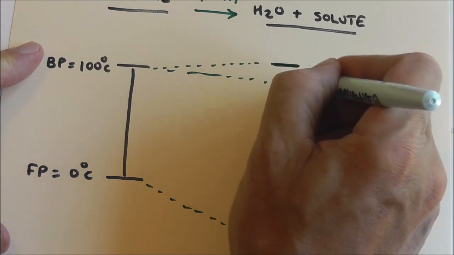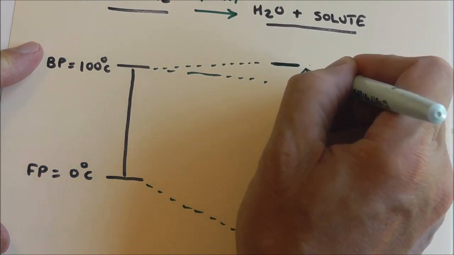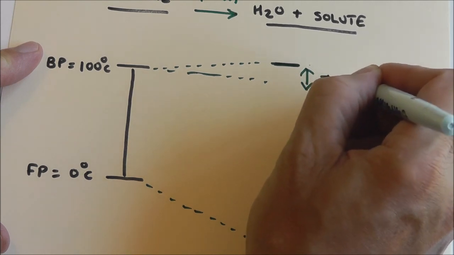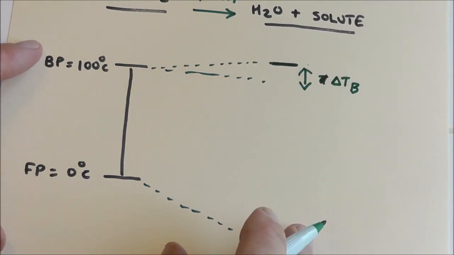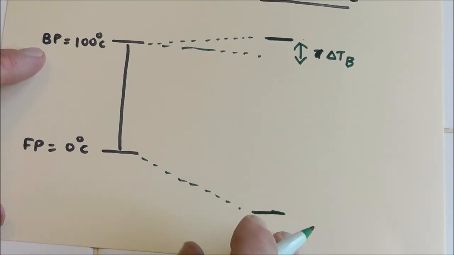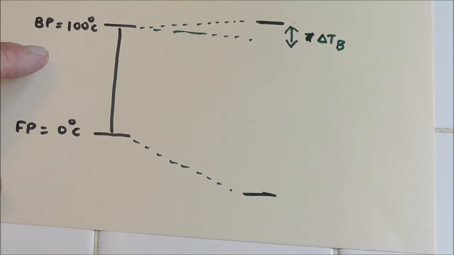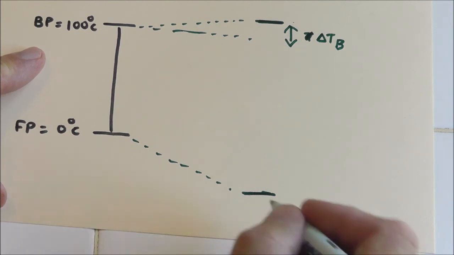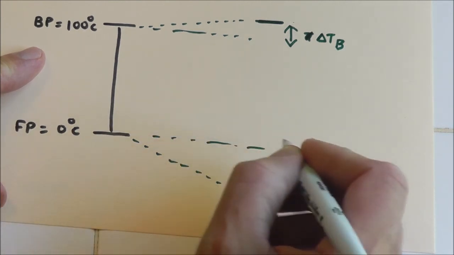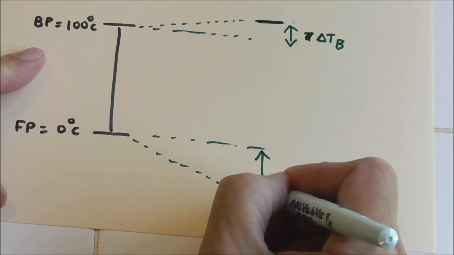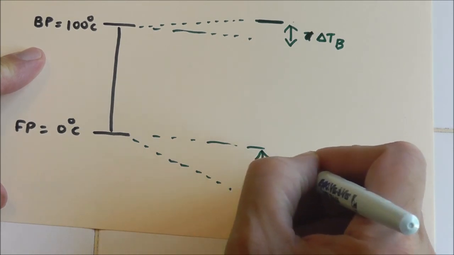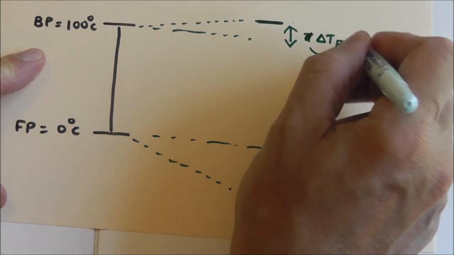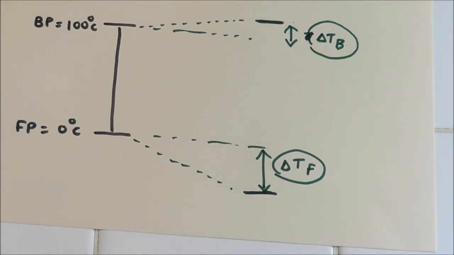We'll call this delta T B, the change in temperature of the boiling point. Sometimes they call it delta TBP, excuse me. And this little change here is called delta TF, the change in temperature of the freezing point. So we got a change there.